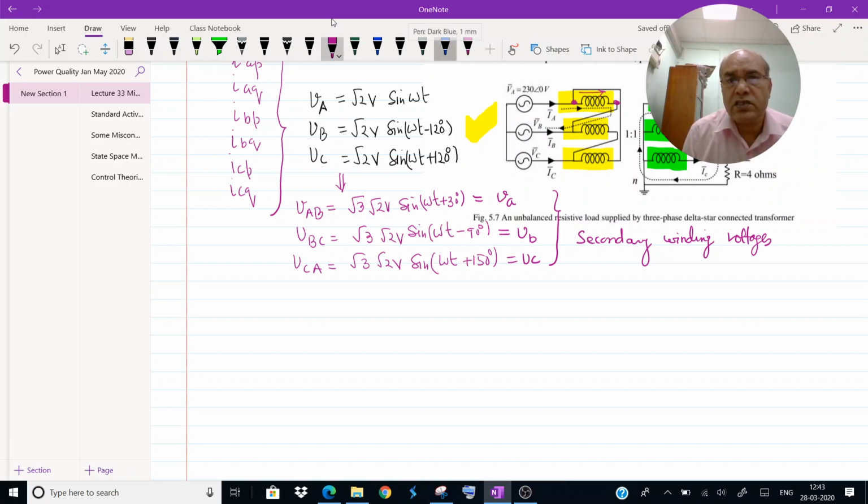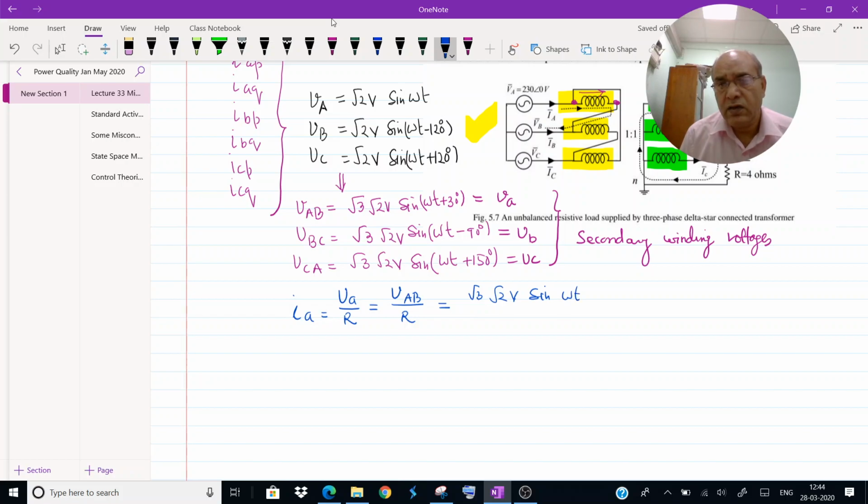Let us take the load as a resistive load between A and N. Therefore current ia is nothing but va by R, which is nothing but vab by R. That means root 3 root 2 V into sine omega t plus 30 degree by R. R is given as 4 ohm, but let us say this is R only.